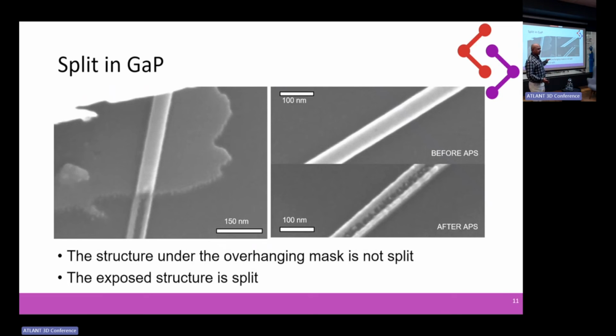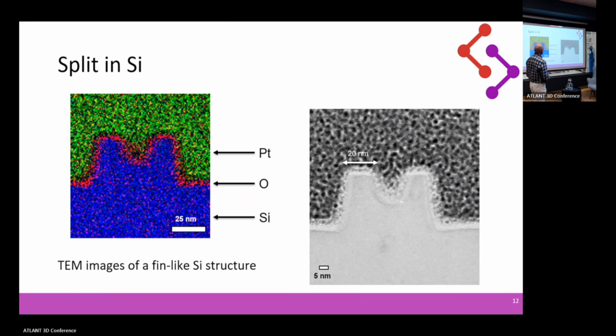So that's the APS, the pitch splitting done by AlixLabs. This is the TEM image of the fin-like silicon structures, silicon nanowires, after APS processing, and we can clearly see that we're splitting the nanowires.